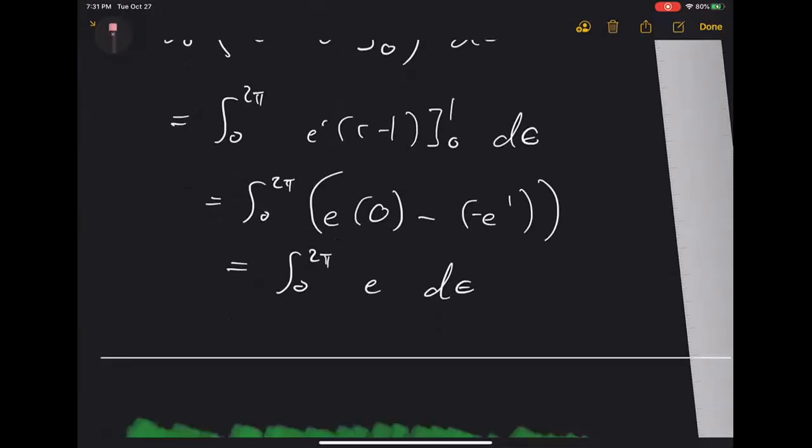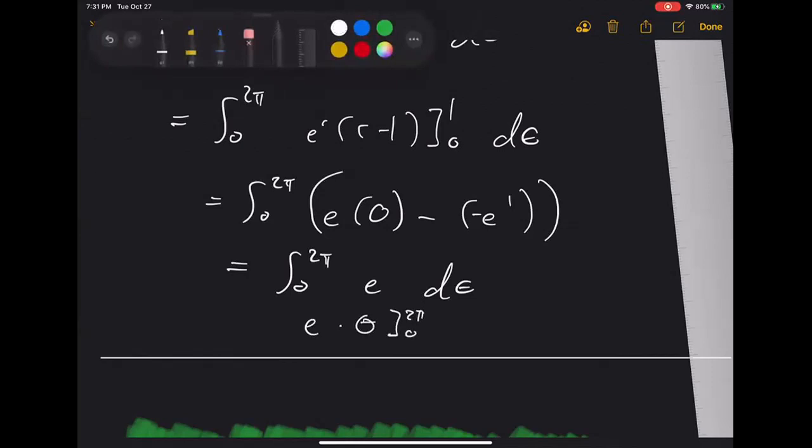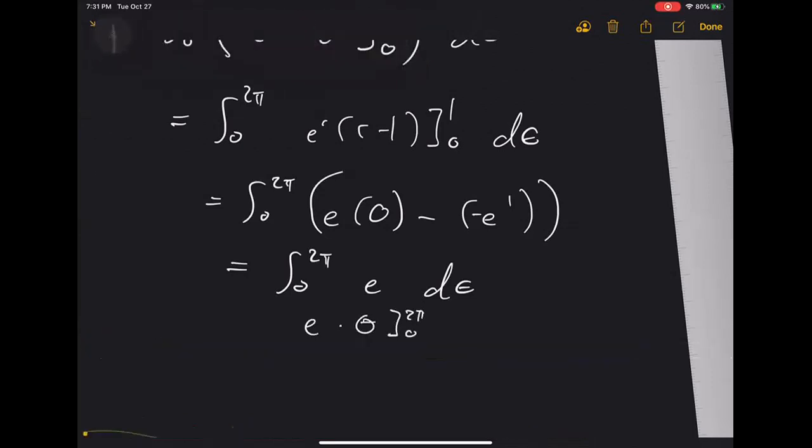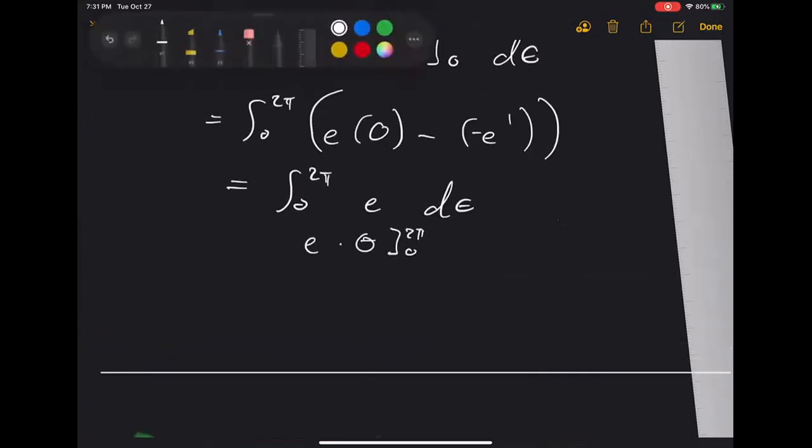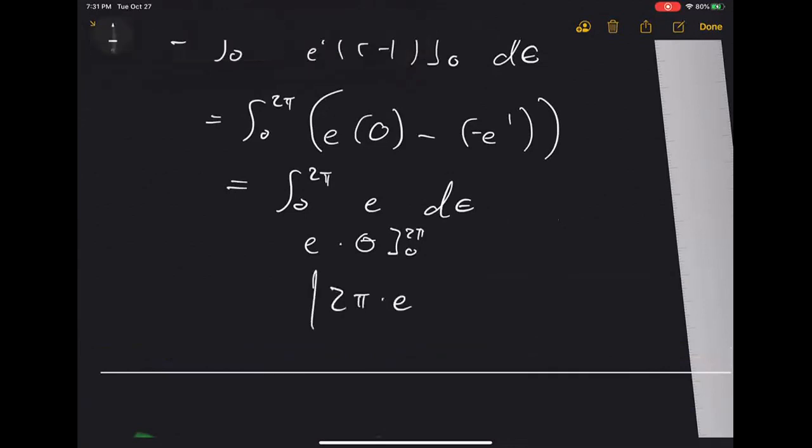So I get e, and then the integral of e in terms of theta. Well, e is just a constant, I can pull it outside. And then I just get e times theta integrated from 2 pi to 0. In other words, I get 2 pi times e.